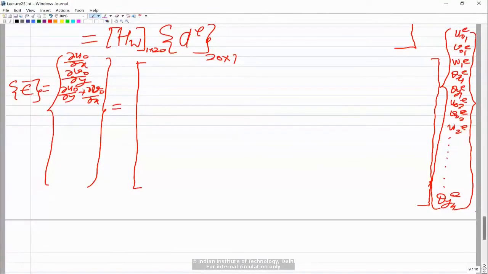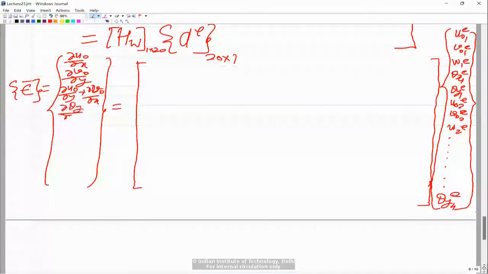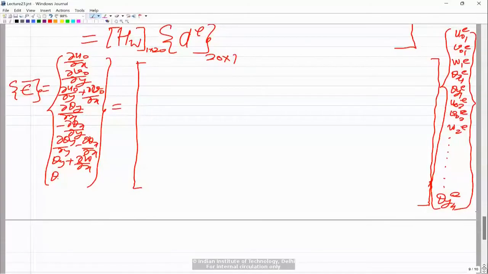And then the fourth onwards are curvature terms: del theta y by del x, minus del theta x by del y, then del theta y by del y minus del theta x by del x, and then theta y plus del w by del x, and minus theta x plus del w by del y. So these are the elements of the epsilon bar matrix, which is 8 by 1, which we have already defined.